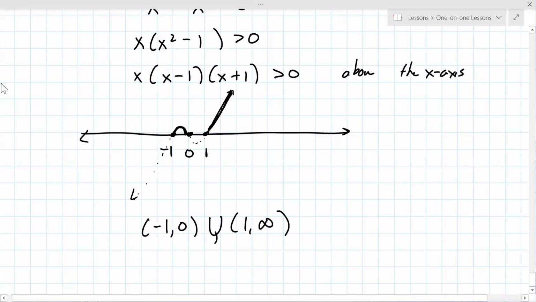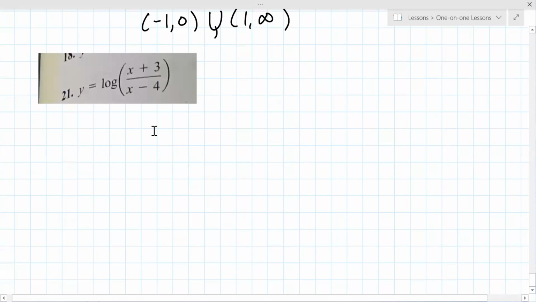All right, number 21. Okay, so this has a similar set of issues, actually perhaps more.